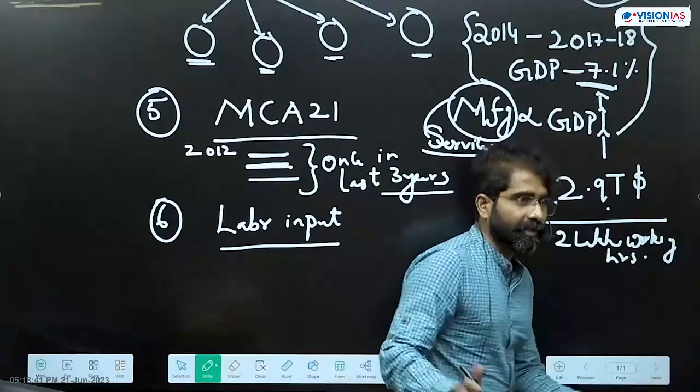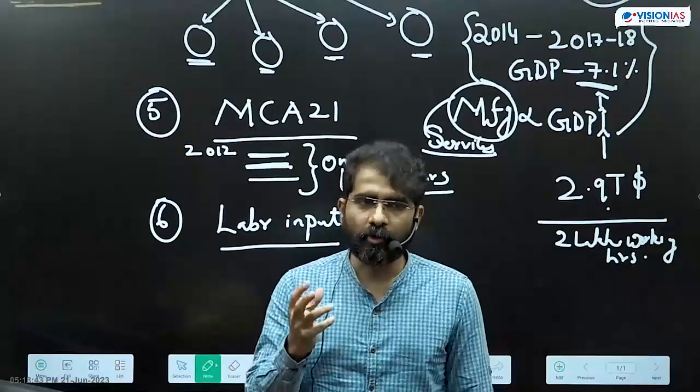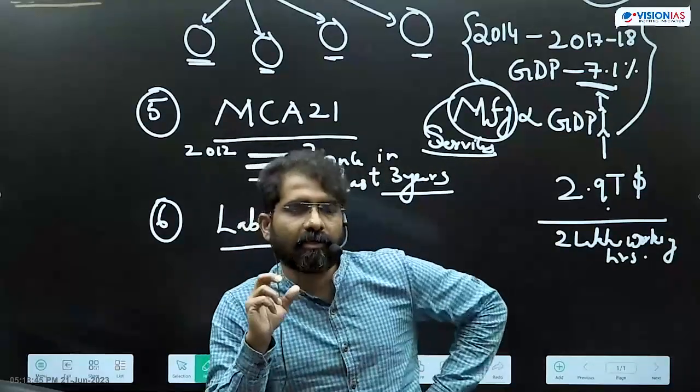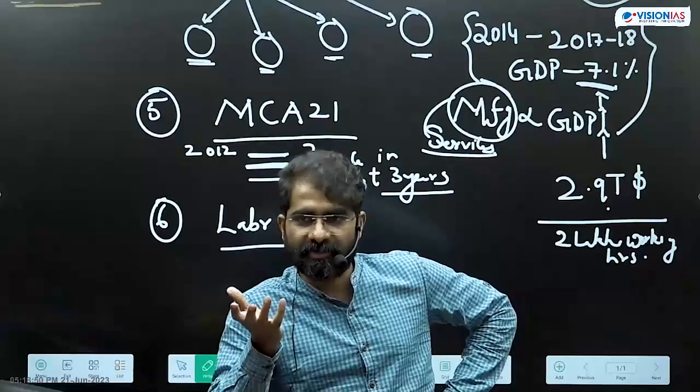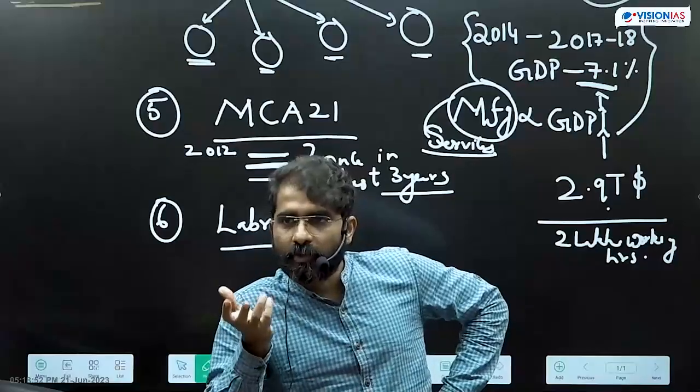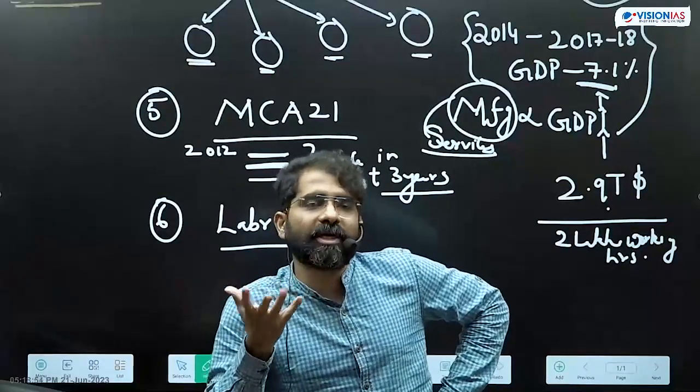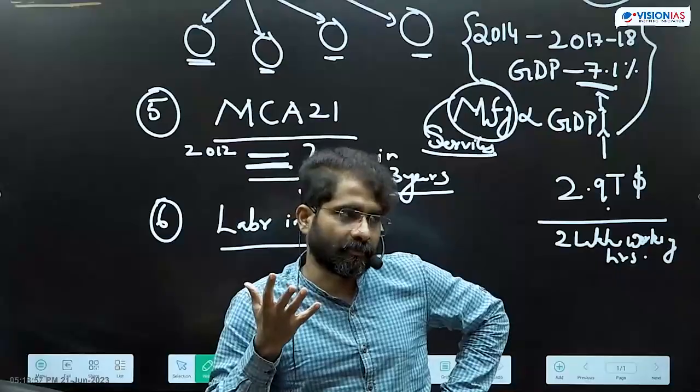That means for creating an output of $2.9 trillion, let's say there were something like 2 lakh working hours. It's difficult to calculate how many hours they work, but 2 lakh working hours was able to create, let's say, $2 trillion or a $2.9 trillion economy.